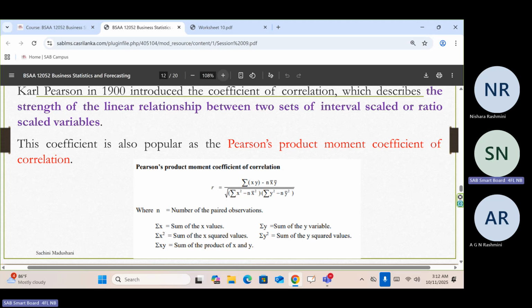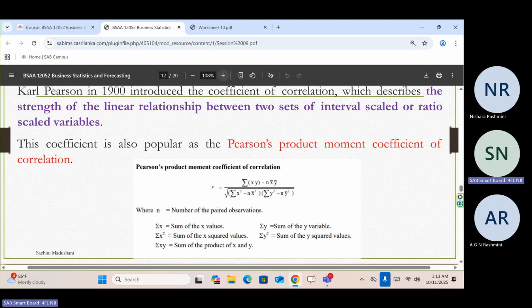In statistical tests, we divide into two: parametric and non-parametric. If the normality check is okay, then we move into the parametric test. Here we use the parametric test for the correlation analysis. What? Pearson product moment coefficient of correlation.